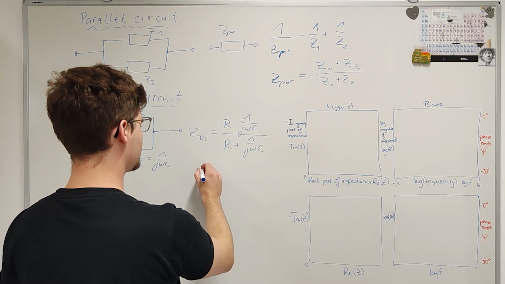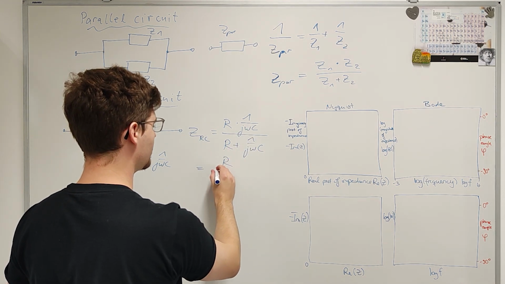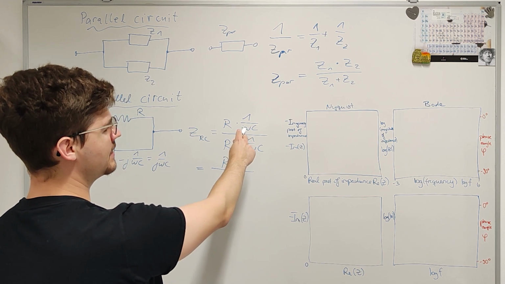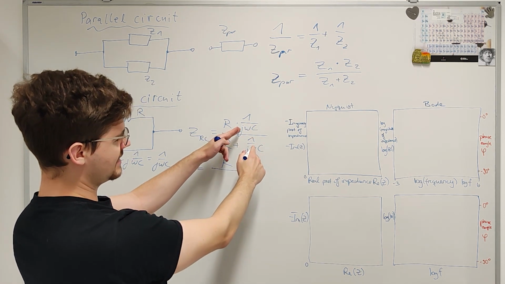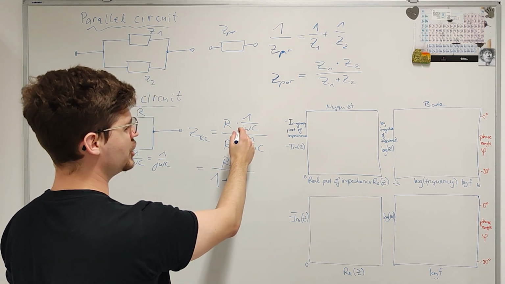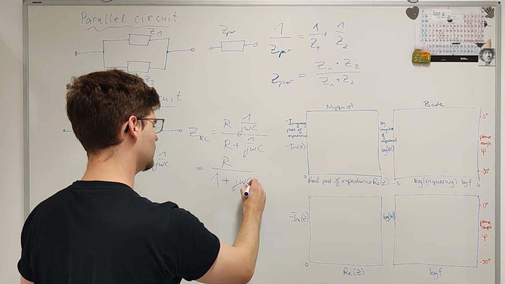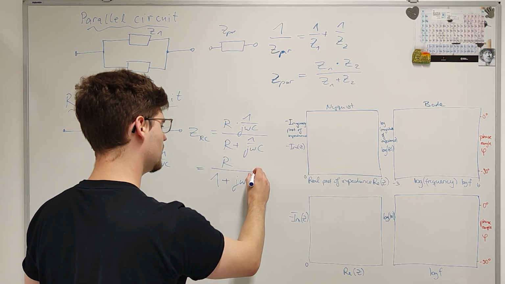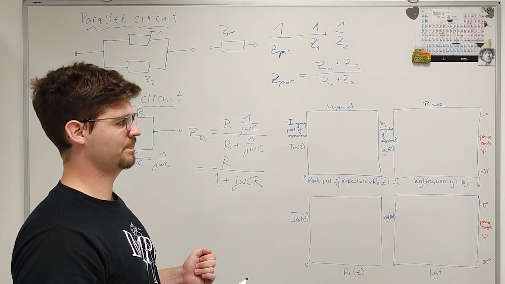And this equals R over, take this denominator down into the main denominator, and this cancels out, and we get 1 plus j omega C times R. And we get the final form of the impedance of the RC parallel circuit.